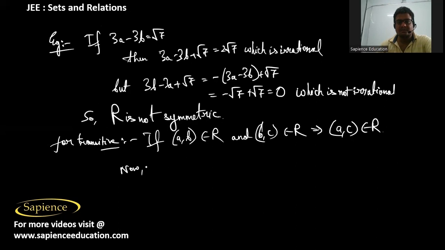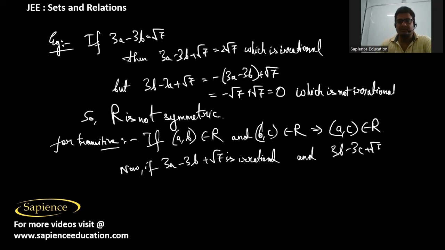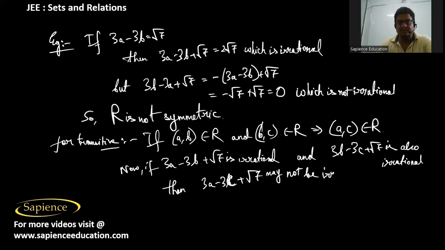So now suppose 3a minus 3b plus root 7 is irrational, and also 3b minus 3c plus root 7 is also irrational, then 3a minus 3c plus root 7 may not be irrational.